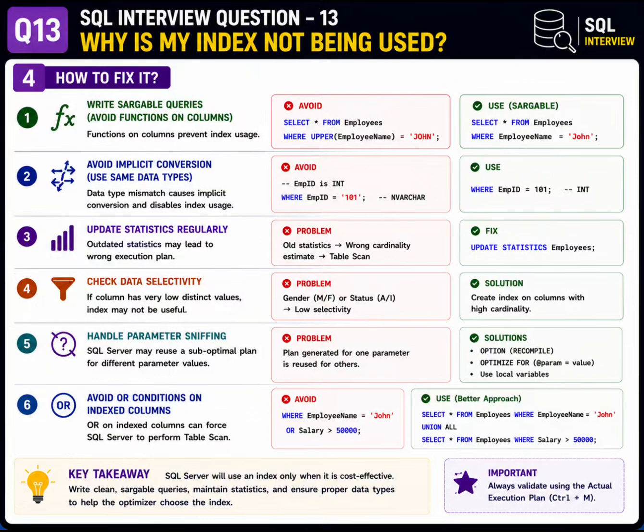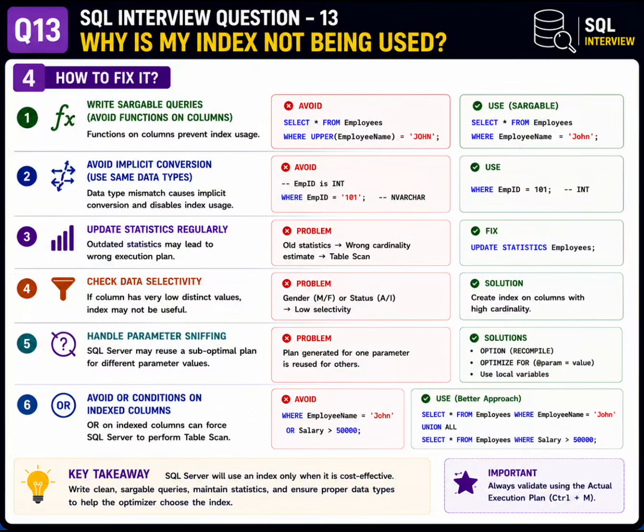If parameter sniffing causes poor performance, options like OPTION (RECOMPILE) or OPTIMIZE FOR can help generate a better execution plan. So the sixth one is avoid complex OR conditions. If possible, replace OR conditions with UNION ALL. Sometimes this allows SQL Server to use indexes more effectively.